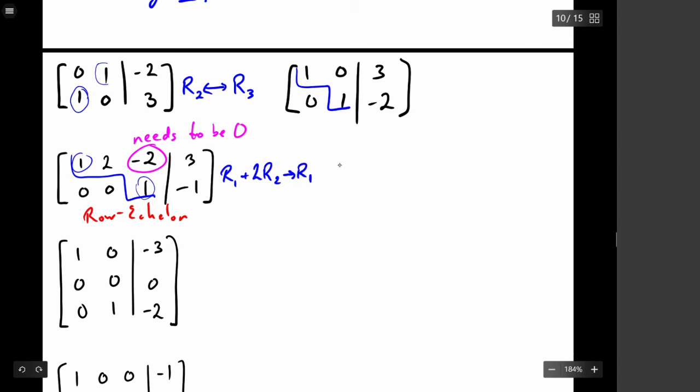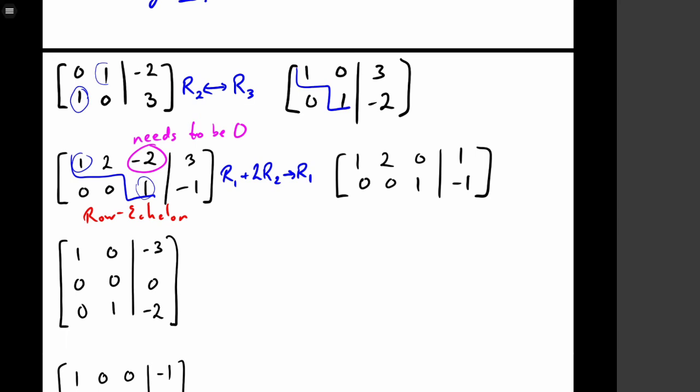Right? We do that, we have 1, 2, 0, 1, 0, 0, 1, minus 1. There you go. Now this is in reduced row echelon form. Here's the leading 1. Everything else in that column is 0. Okay.